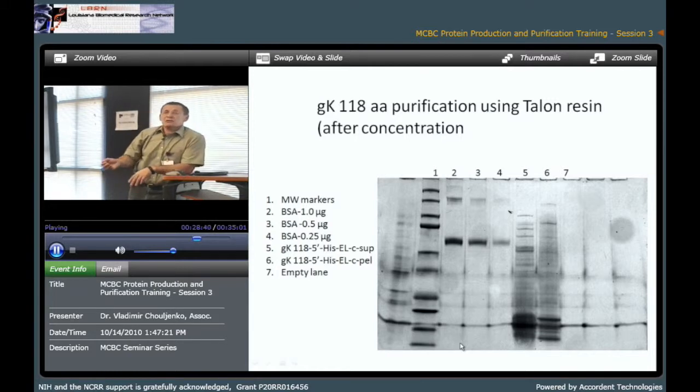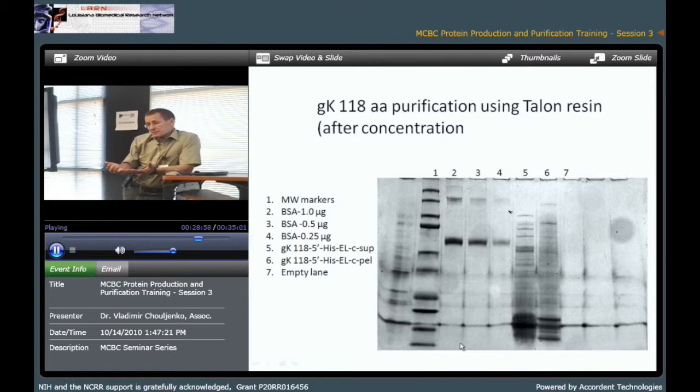So this amount is definitely enough to go for rabbit immunization. And basically, if we are talking about this amount of protein, at this point we may start switching from manual work, because all these experiments were done manually. Basically, you have resin.